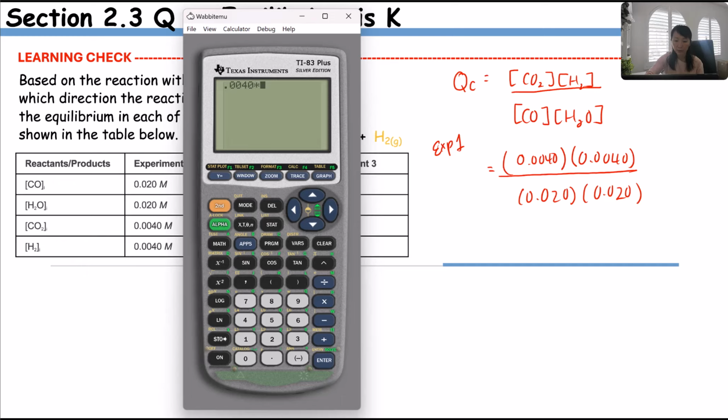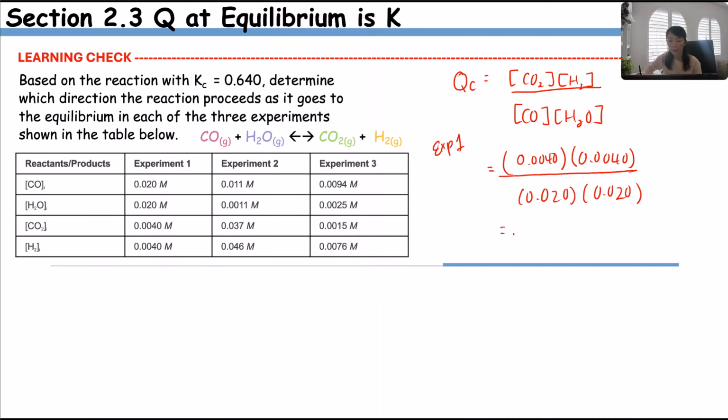I'll multiply 0.0040 times 0.0040 and divide that by 0.020 times 0.020. That gives me 0.040 to keep the sig figs. So that's my Q.